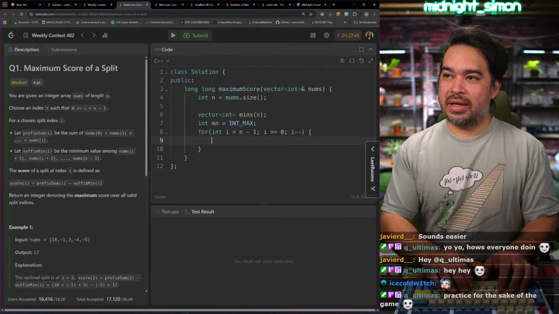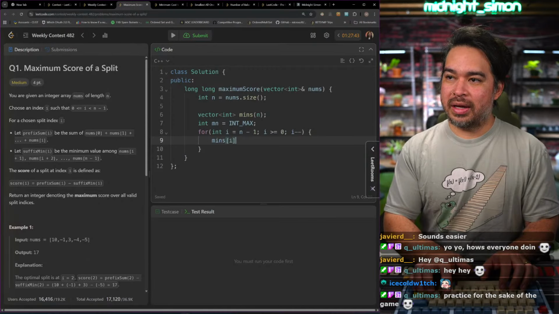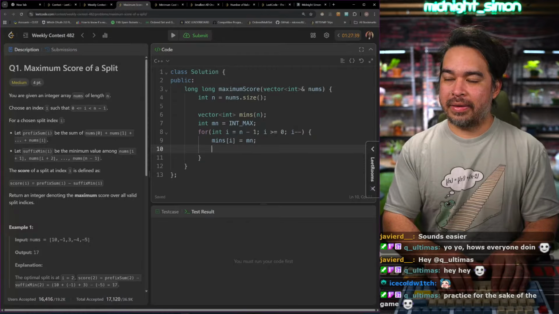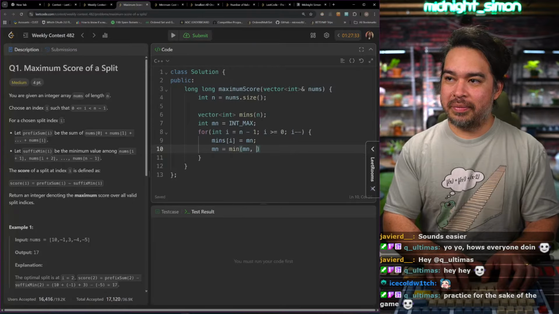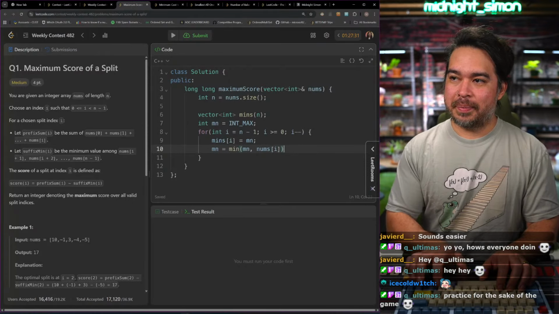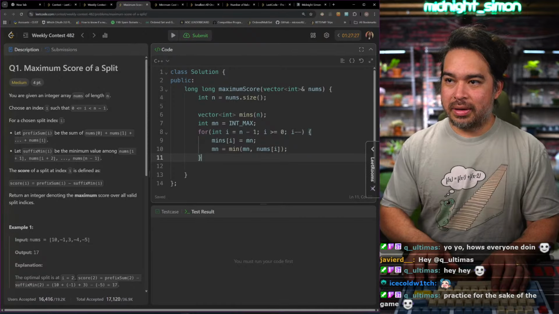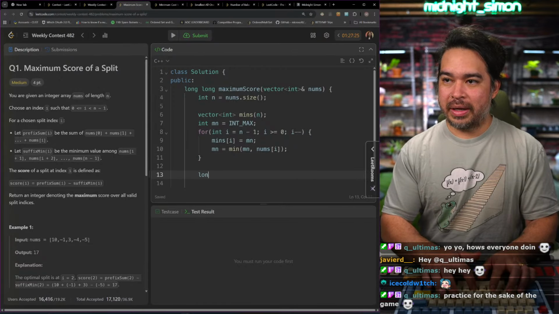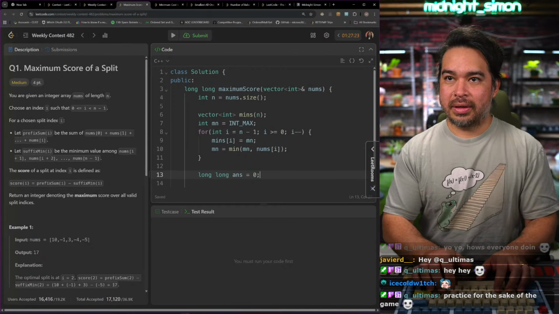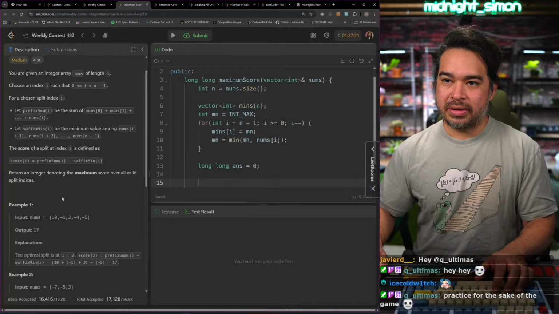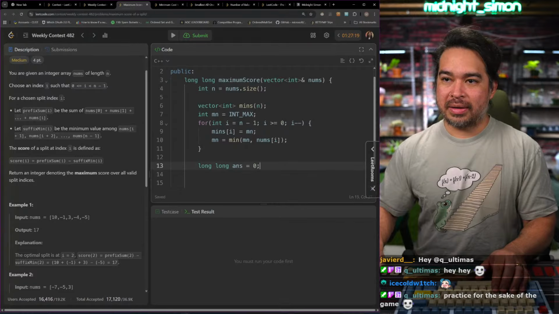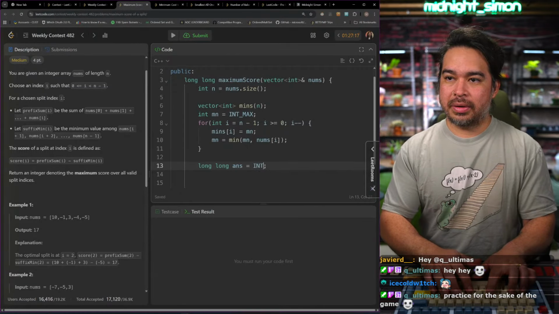So I'm gonna just say mins i equals min, and then min is the min of min and nums i. Yes. And then now I have my answer, and then we want the highest score. It's talking about the maximum score.